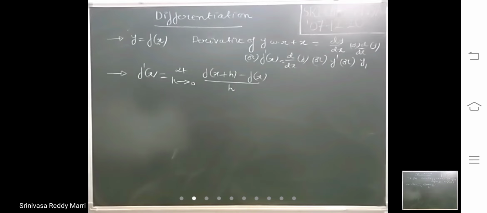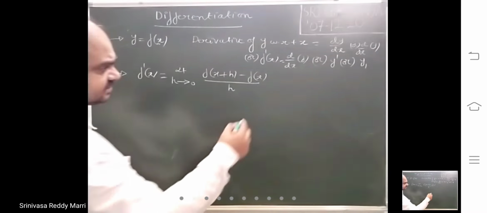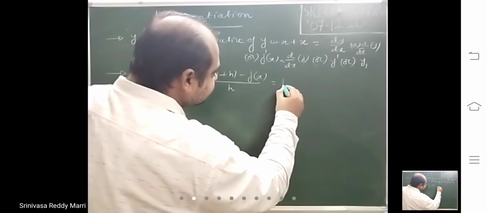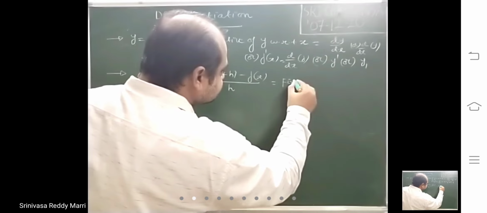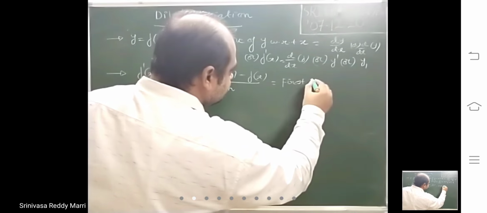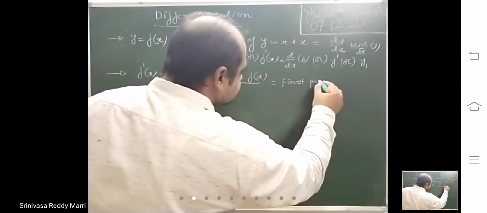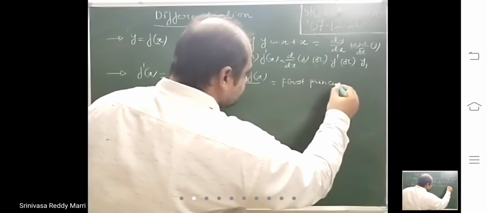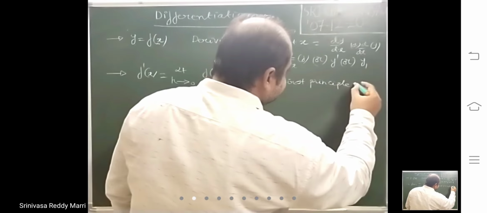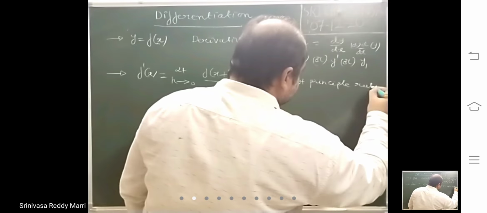So already we have discussed this. The derivative is nothing but this limit. This is called the first principles rule. For any function, the derivative formula comes from this. First principle rule for calculating derivative.